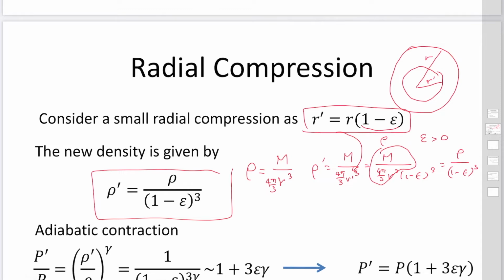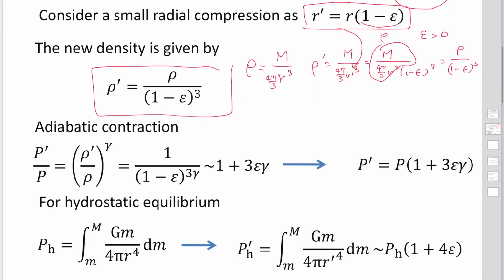Then we'd like to consider the compression of a star following adiabatic contractions. There is no exchange of heat with the external world. When we study polytropic stars, pressure and density are related by P proportional to rho to the gamma. From this, you can find that p prime over p is related to rho prime over rho.